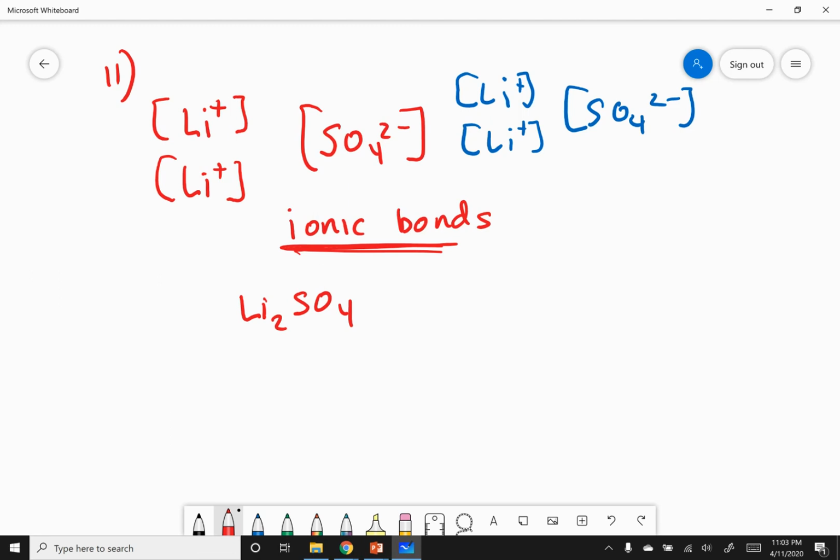So this is the strongest thing that is keeping my bulk material together. It will have the highest boiling point. When I say the factors in determining boiling point, well, LDF isn't the only thing determining the boiling point in this. It's actually the ionic bonds that are determining the boiling point for this material.